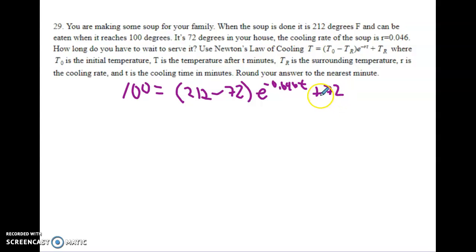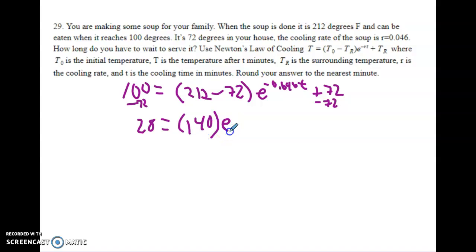So first thing I'm going to do is get rid of that 72 from both sides. And 100 minus 72 is 28. I'm going to subtract these numbers in the parentheses. And 212 minus 72 is 140.